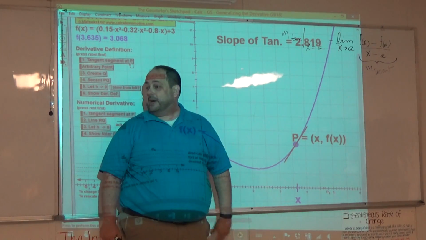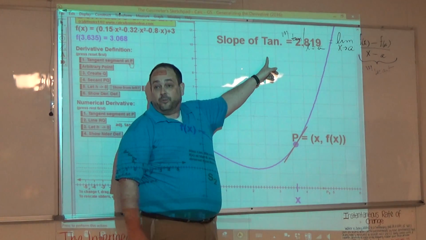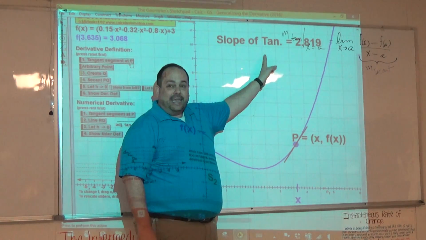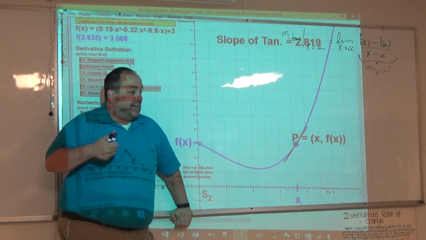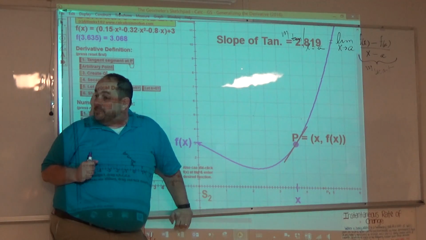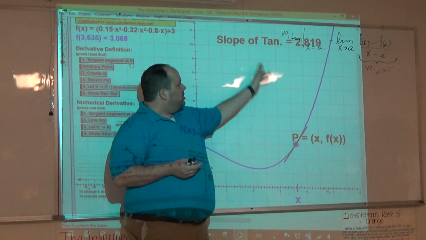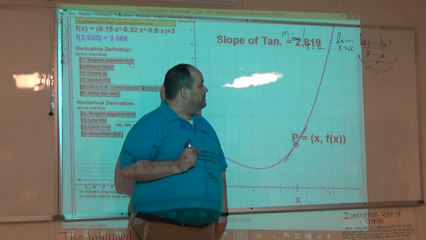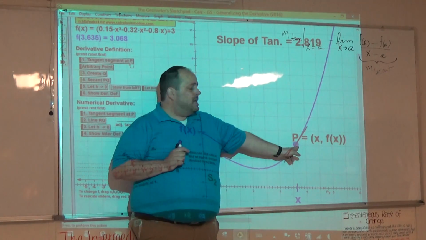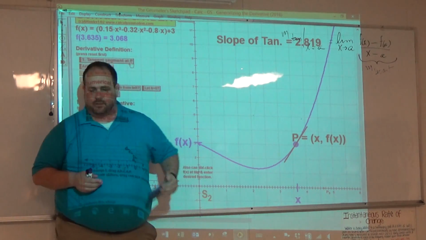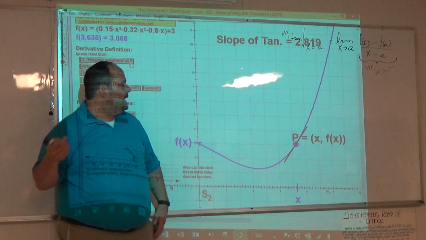It's 2.819. True. Newton, back in the day, didn't have a laptop, didn't have Geometer's Sketchpad, could not tell you specifically that the slope of the tangent is 2.819. He could say for sure that the slope is positive. Everybody okay? All right, good.